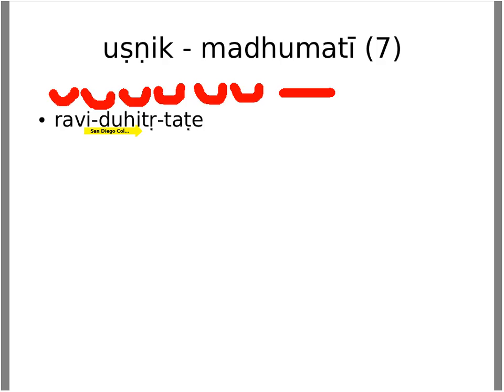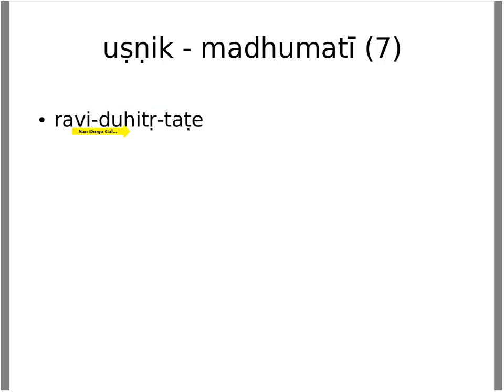If this was the R consonant followed by the E vowel, then it would be duhitri. It's not. Duhitri. So this is pronounced as a short syllable, and the syllable in front of it also is a short syllable. Ravi Duhitritate.